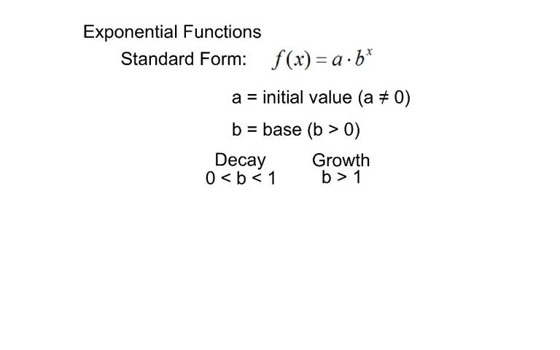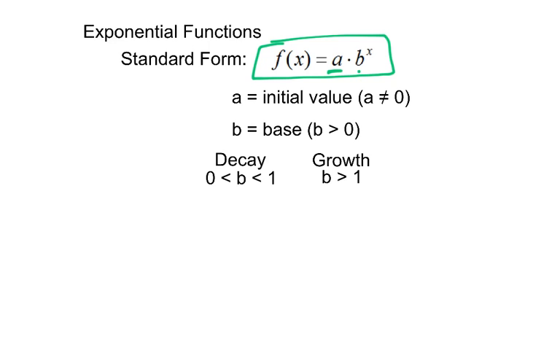So in exponential functions, we have the format of a times b to the x. We tend to use b for this thing that's being raised to a power because of the word base. So b is your base. And a, as with any other function we've had, is that number out front that makes it flip over an axis or stretch or compress it.